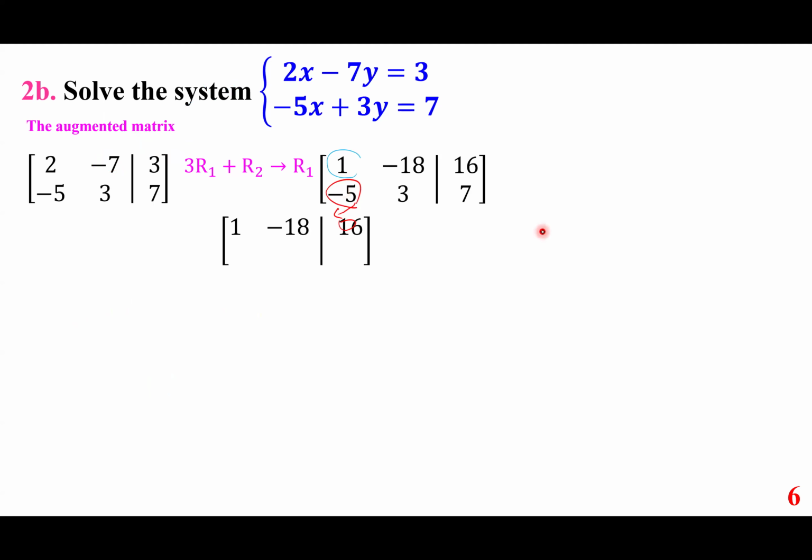So we keep the first one intact. 5R1 plus R2 becomes the new R2. So if I multiply this one by 5, I get 5 and -5, 0. If I multiply this one by 5, -90 and 3, I get -87. If I multiply this one by 5, 80 and 7 is 87.